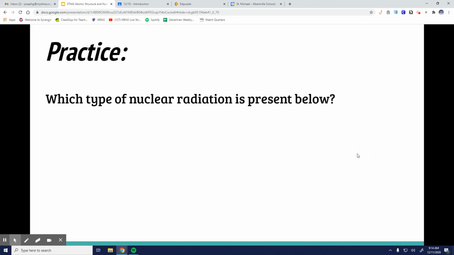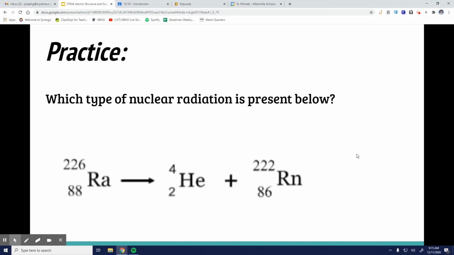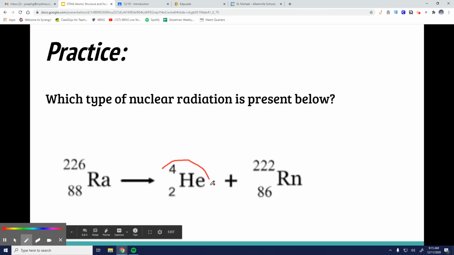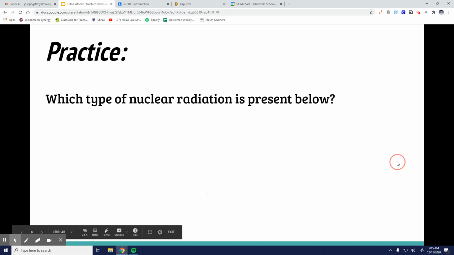So what type of nuclear radiation is present below? Hopefully you're able to figure out that because the helium atom is there, it has to be alpha decay. Let's try one more. What type of radiation is below?